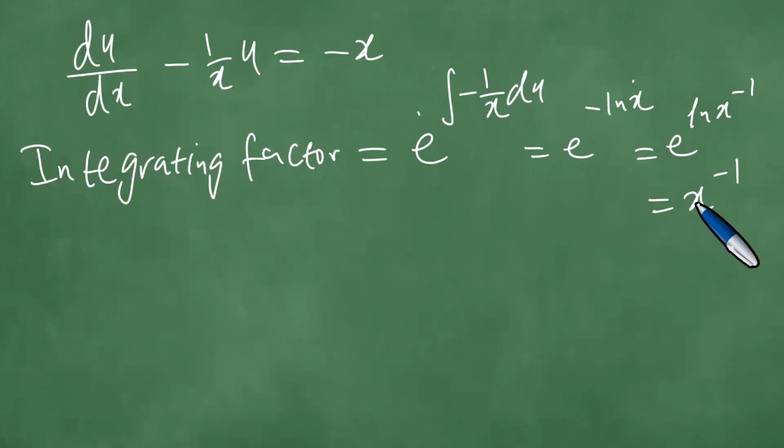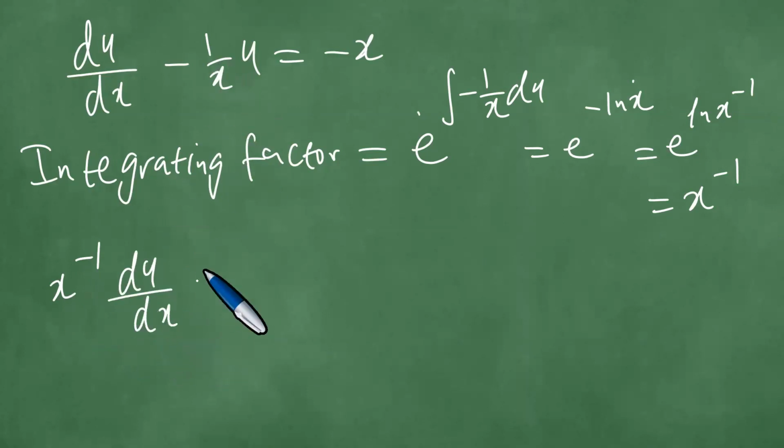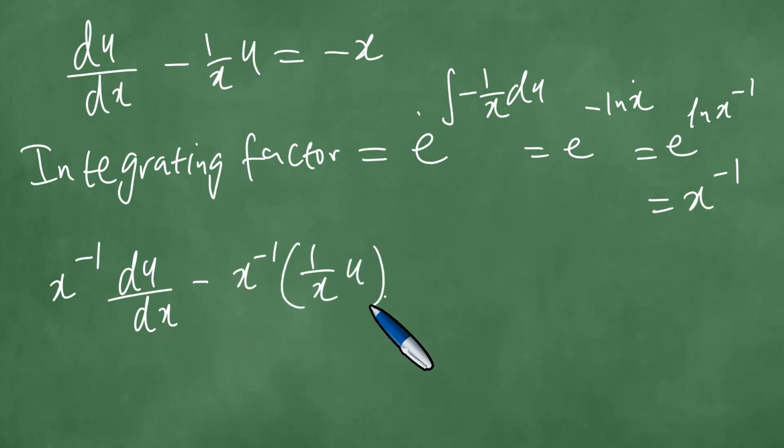Right, so we take x to the power minus 1 and multiply each term by this. So we have x to the minus 1 du/dx. We multiply this one as well by x to the minus 1, we have 1 over x u times x to the minus 1, and we have minus x, like so.